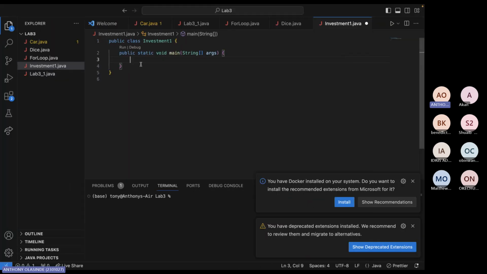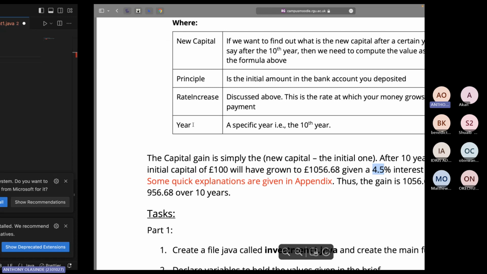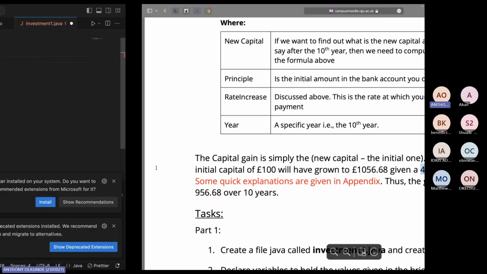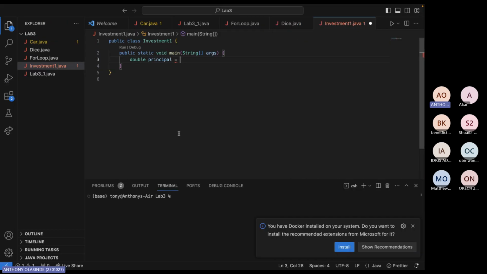So for variables, I think we can use double. The first thing is the principal. Principal equals 100 pounds, so you can say 100.